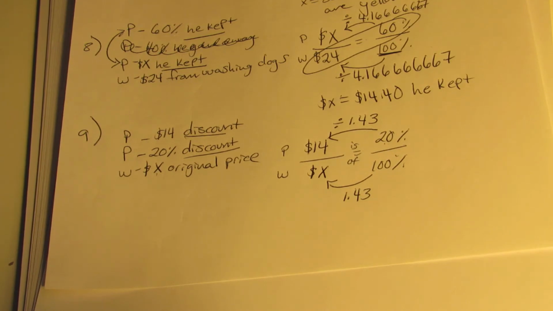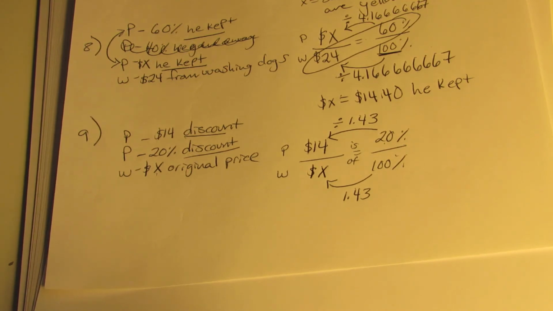Let's check. 20 divided by the scaling factor of 1.43, I get about 13.98. That's because I rounded. So that's what I was talking about in number 8. We have a little bit of a rounding issue, which is okay. You guys can do a couple more decimals if you'd like, or you can round your number at the end.